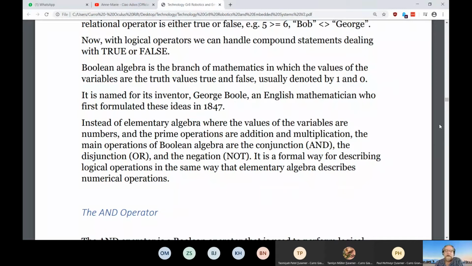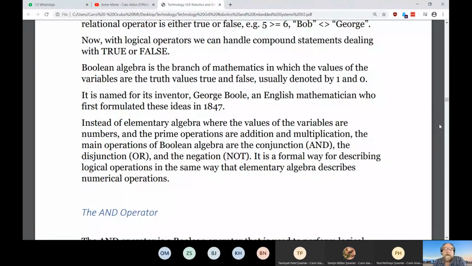It differs slightly from the normal elementary algebra that you guys are used to, because you're used to an infinite number of numbers and all sorts of things. Boolean algebra does not have that. Boolean algebra just has zeros and ones.